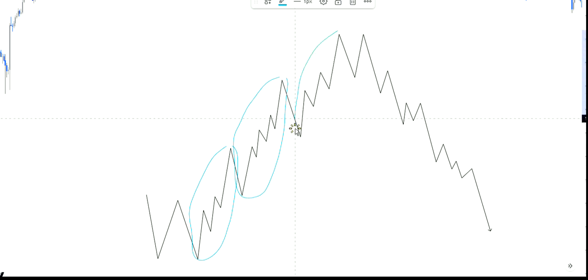And here we have another impulse, that is level 3, but inside we have impulse, correction, impulse, correction, impulse, then a pullback, then impulse, and we meet this double top, which is what we call a reversal pattern. Then you have a new count of levels.